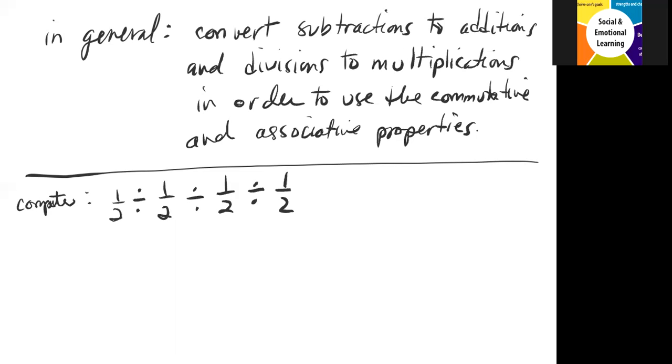How could we simplify this string of divisions? I don't want to have divisions. Remember, I want to be able to use commutative, associative properties. So how could I rewrite all of these division signs?